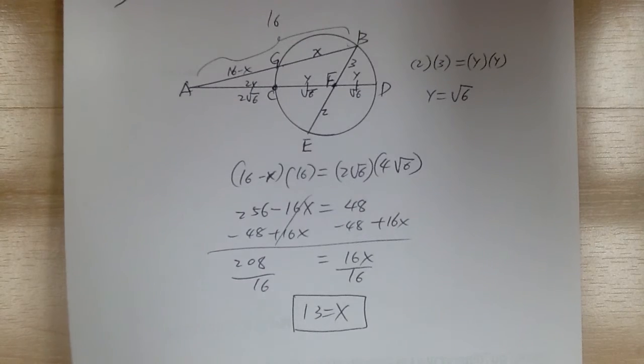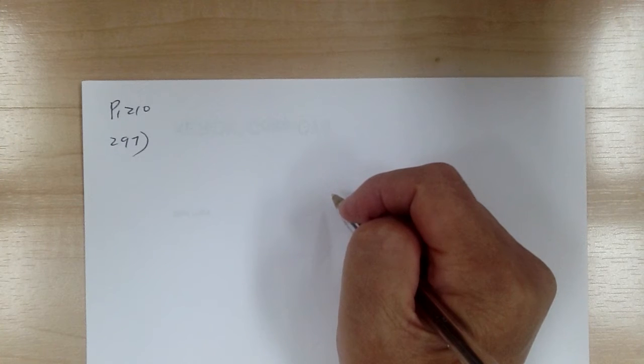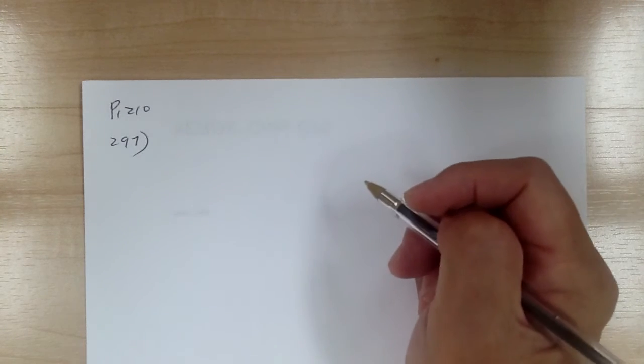Okay, let's go to 297. Okay, so it says two tangents are drawn to a circle from the external point.